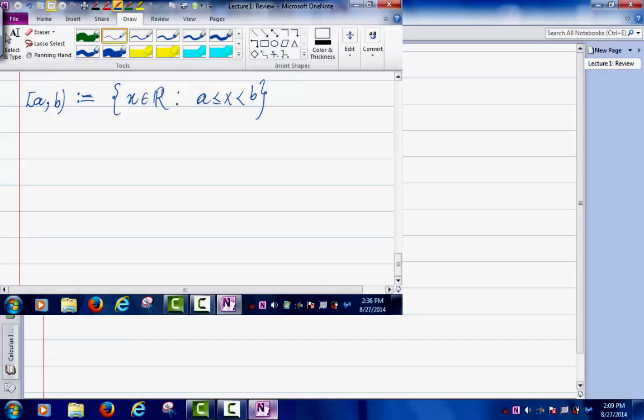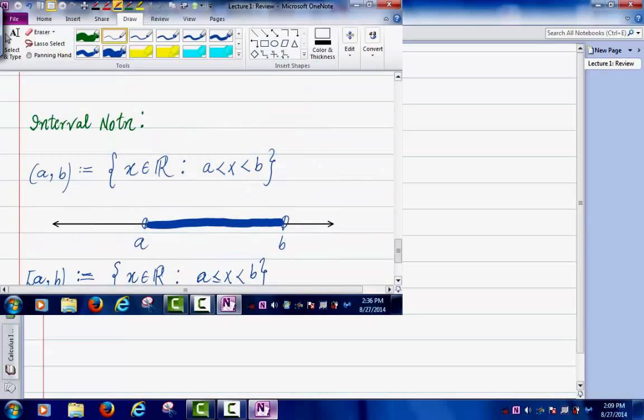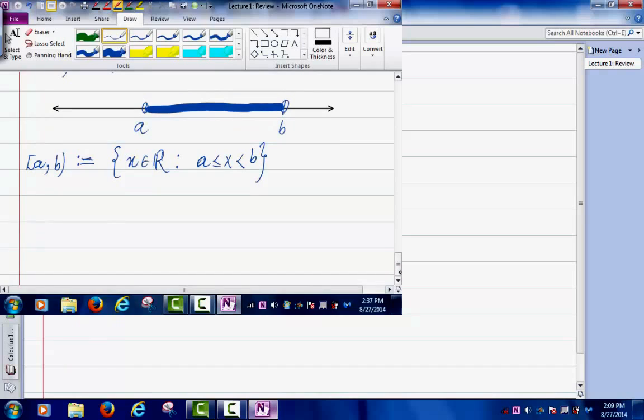I should have said I am assuming that b is bigger than a. Probably I should have said that at the beginning, that a, b are real numbers and a is less than or equal to b. So b is the bigger number. Okay, and I'm not going to sketch this.